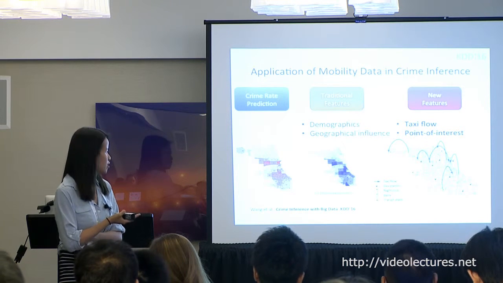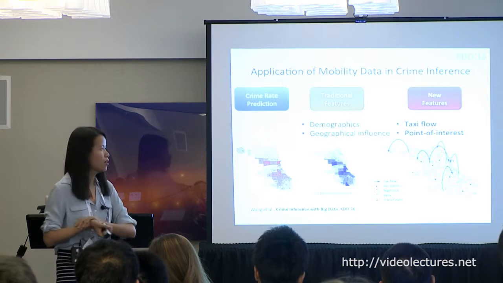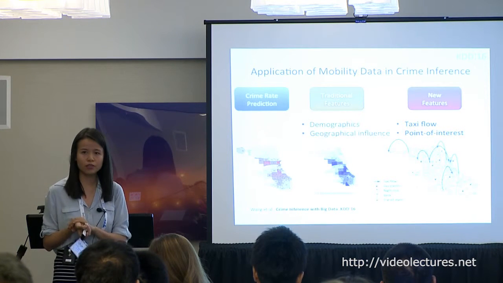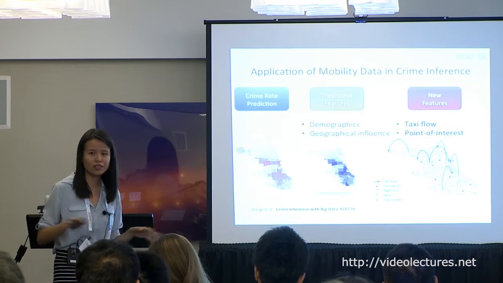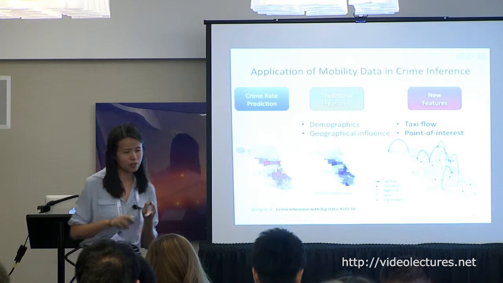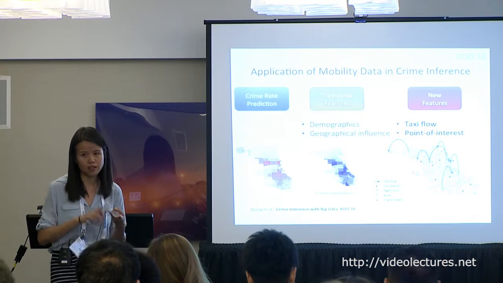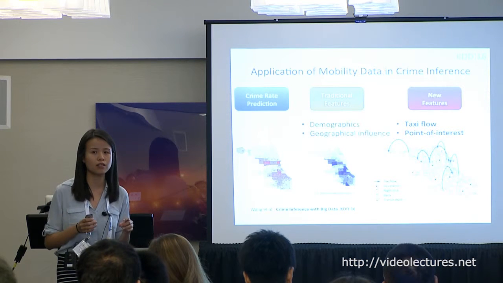So what is the traditional data? First of all, for this one we collaborate with criminologists. The traditional data they use is basically two kinds. One is the demographic data, as I mentioned in the earlier session. Demographic data tells you the race, income, disadvantage index, all this information about the residents in this location.